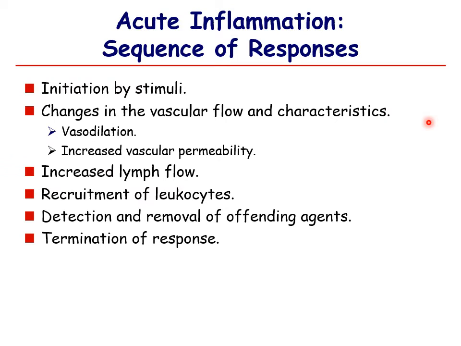We're now going to take a look in detail at what cellular and physiological events occur during acute inflammation. Here is the sequence of responses during acute inflammation, which is initiated by various stimuli and causes changes in vascular flow and vascular characteristics, as well as changes in the lymphatic vessels and increased lymph flow, followed by leukocyte recruitment.